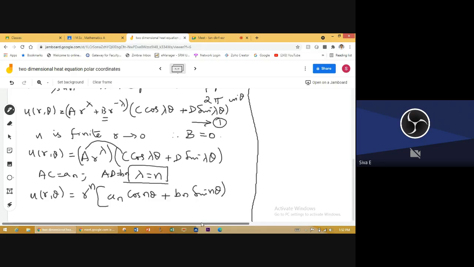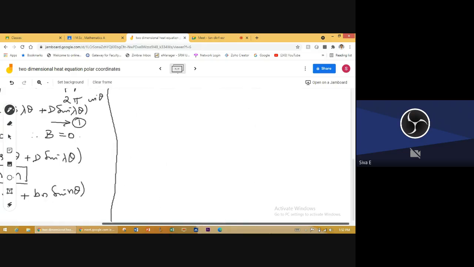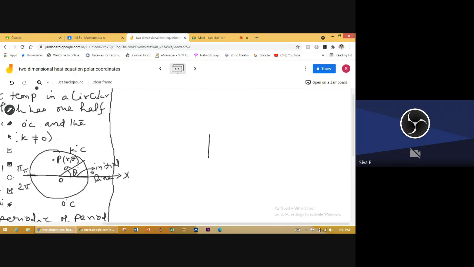Therefore, what is the most general solution? We also write that as a summation.